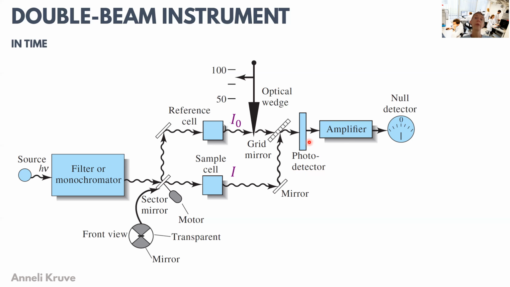The advantage of this compared to the in-space version is that both the I0 and I are measured with the same detector. So if there is any instability in the detector, then this is taken into account.